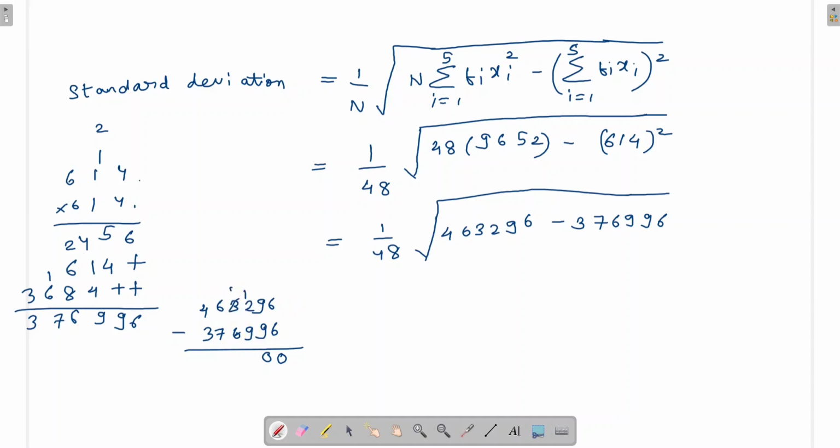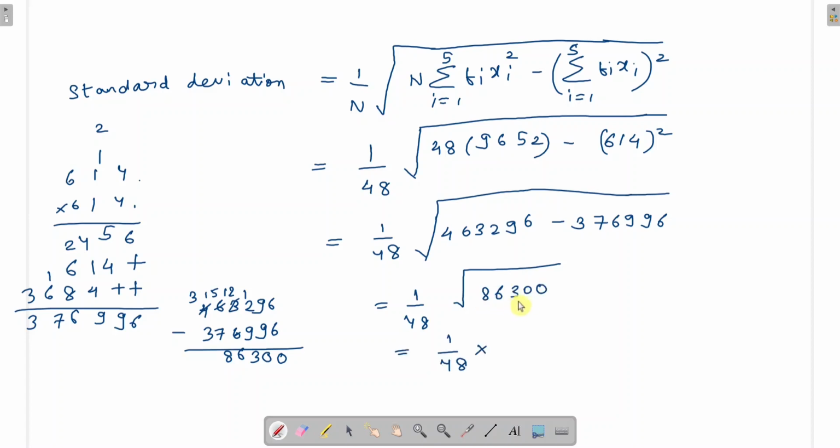So this here 2 remains. So 1 borrowed again. So 5 remains here. So 1 borrowed here. 1. So 12 minus 9 is 3. 12 minus 6 is 6. 15 minus 7 is 8. Okay.